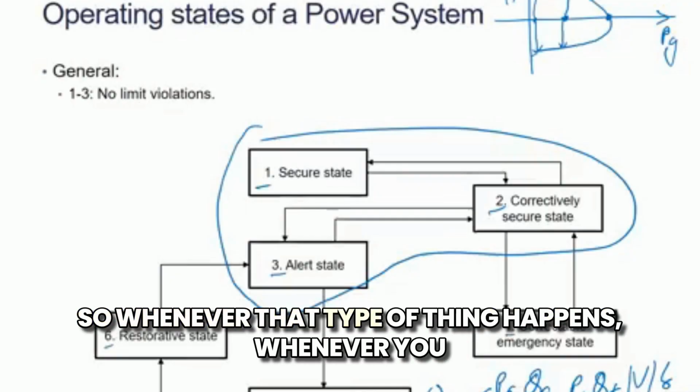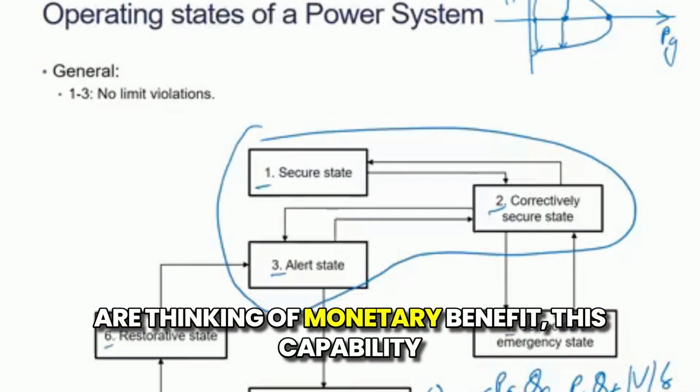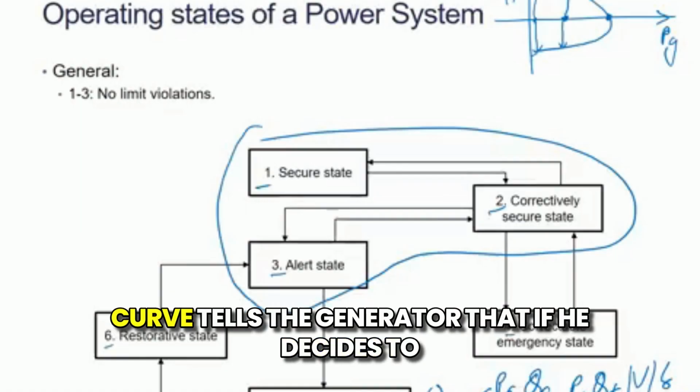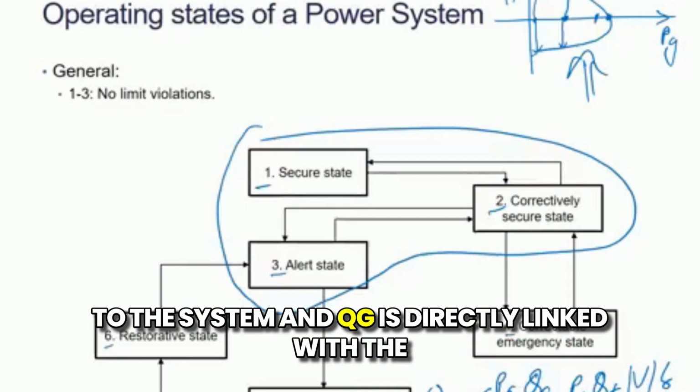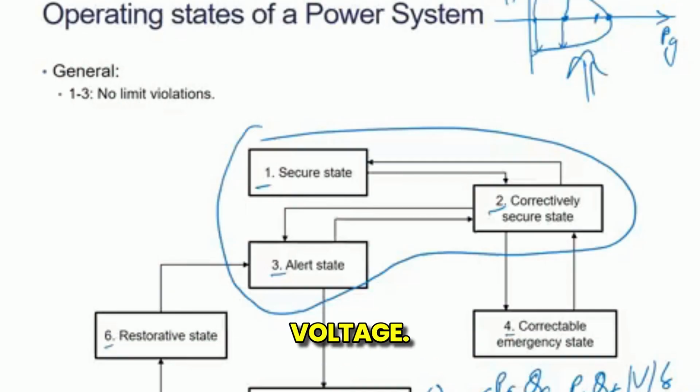Whenever you are thinking of monetary benefit, this capability curve tells the generator that if he decides to generate this value, then this is how much QG he can provide to the system. And QG is directly linked with voltage.